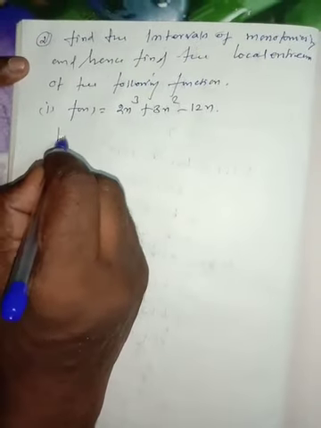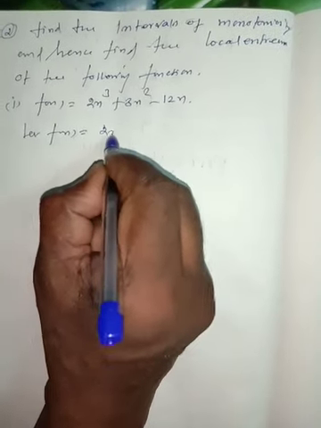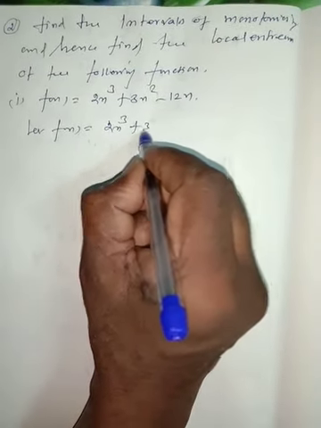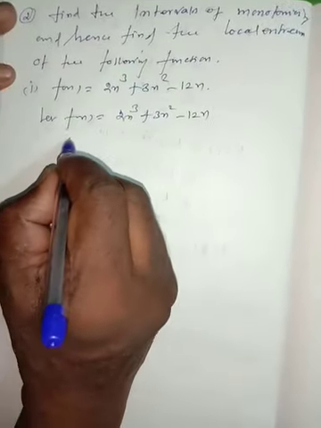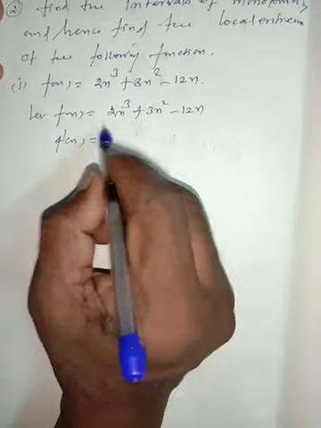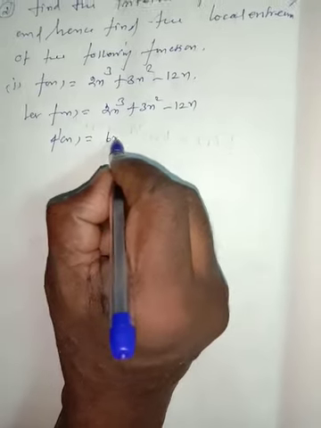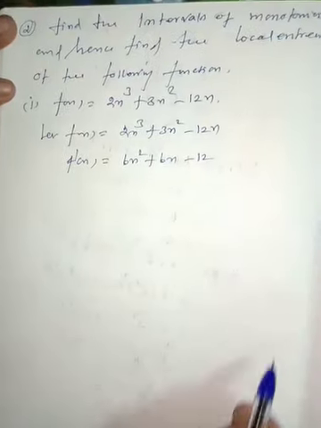Let f of x is equal to 2x power 3 plus 3x square minus 12x. F dash of x is equal to, differentiate with respect to x, so 6x square plus 6x minus 12.